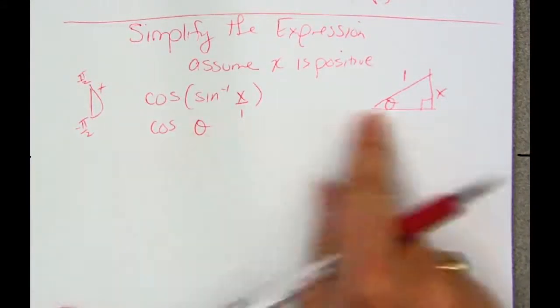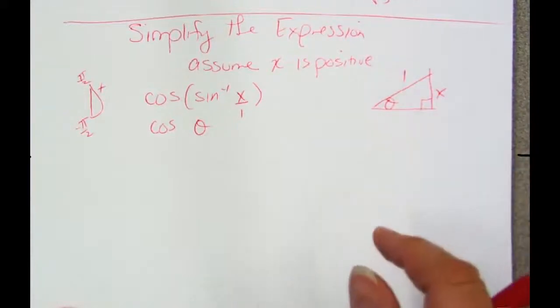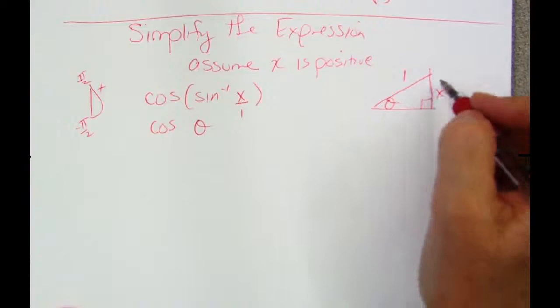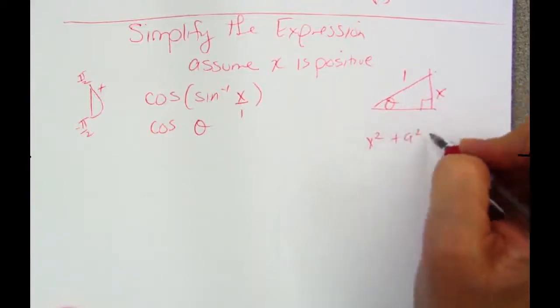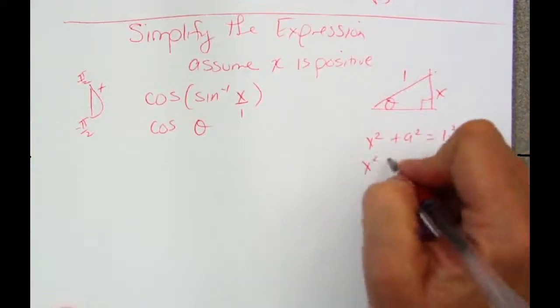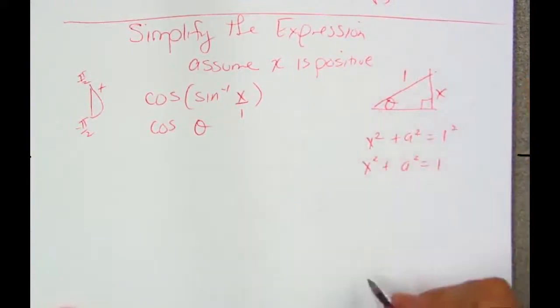Well, I want to take the cosine of this theta. That would be adjacent over, oh, I need an adjacent. I better go do the Pythagorean Theorem. So this side, x squared plus, we'll call this one a squared equals 1 squared, which is 1. I want to know what this side is, a. So let's just solve for a, like I just did before with numbers.